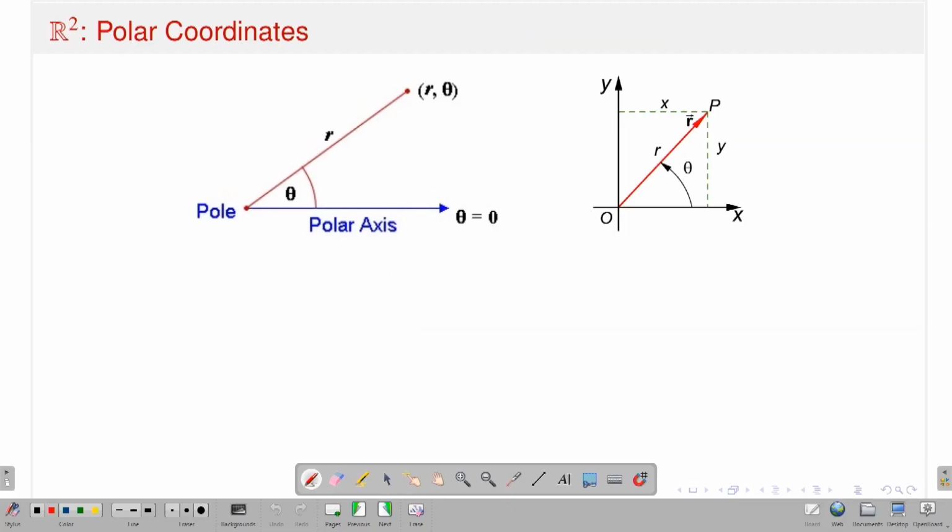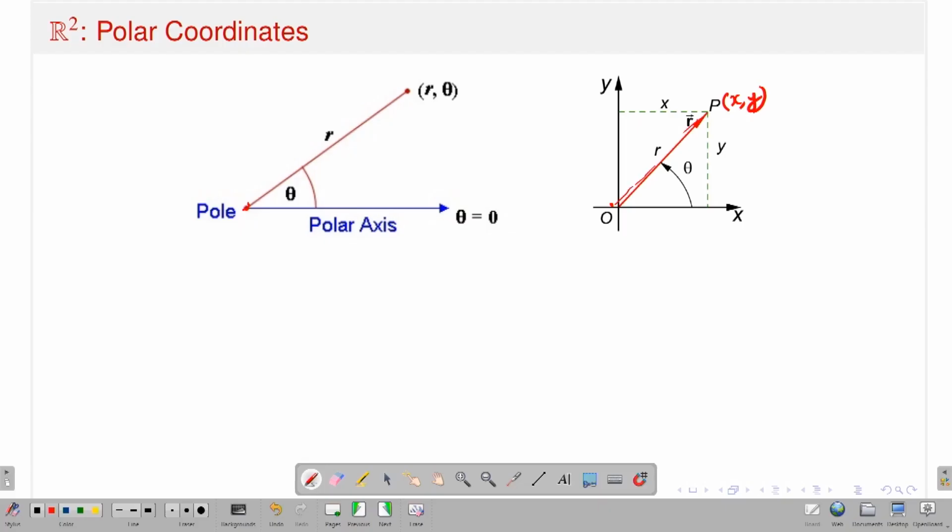Earlier we represented points by a Cartesian coordinate system. Now, we can represent the points in R2 by another system called polar coordinates. Here we fix the origin O, which is 0 comma 0 in the coordinate system. The point P can be joined to O by a ray OP, called the position vector.